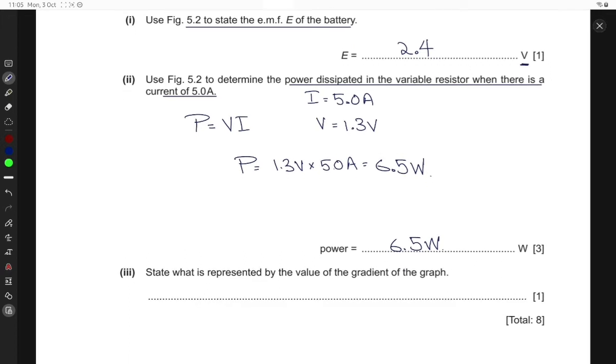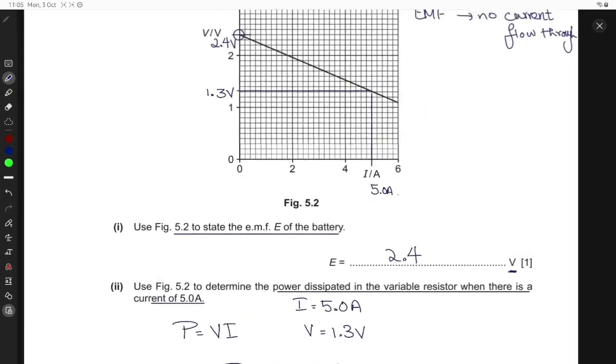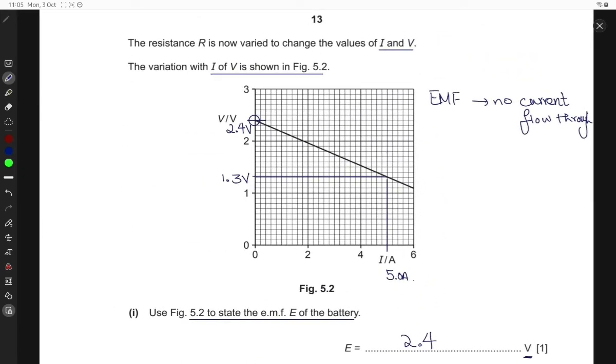Right. Now, they're saying state what is represented by the value of the gradient of the graph. So if you look back at this graph, for an EMF connected across a variable resistor where the battery has an internal resistance as well, we know that the equation is E equals IR plus Ir, where I is the current that flows through the battery and the circuit. Small r is the internal resistance of the battery, while capital R is the variable resistor. So this is the equation for the circuit that we have in this question.